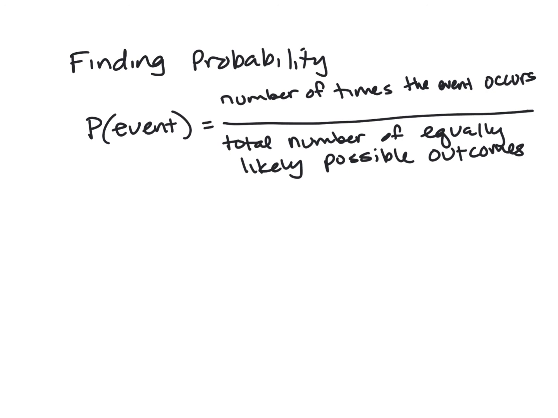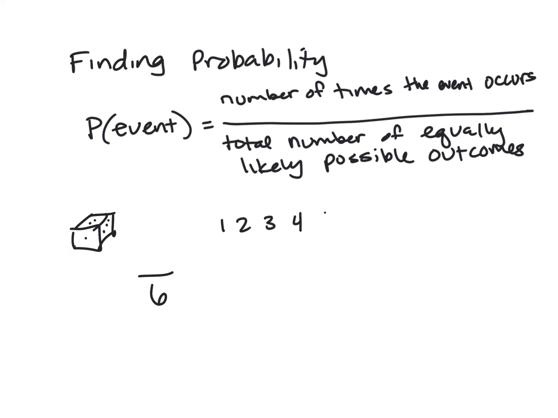So let's use that. What is the probability of rolling an even number on a standard number cube? Again, that's a dice. How many possibilities are there on a number cube? There are 6. Of those 6, how many of those numbers are even?